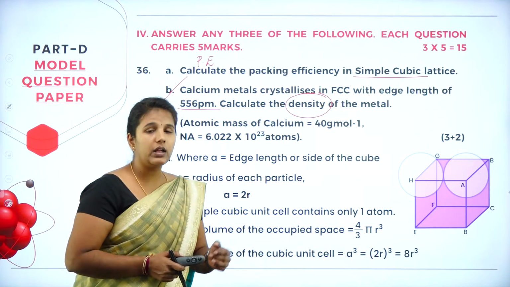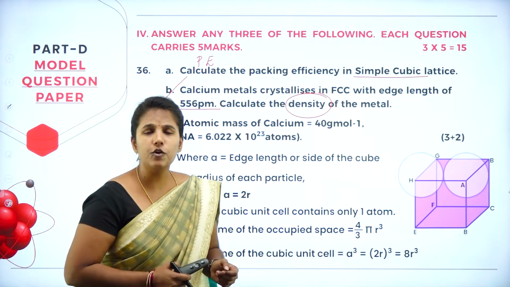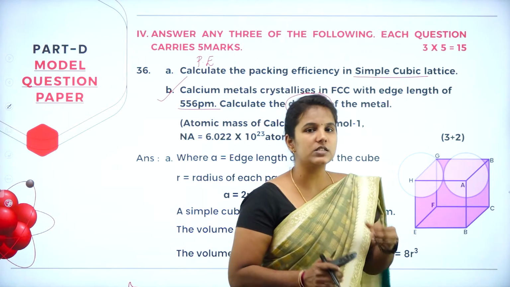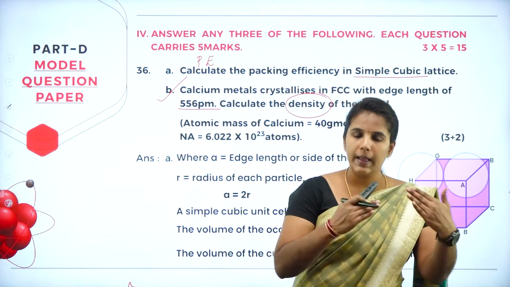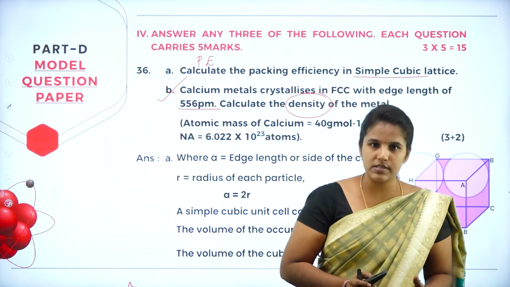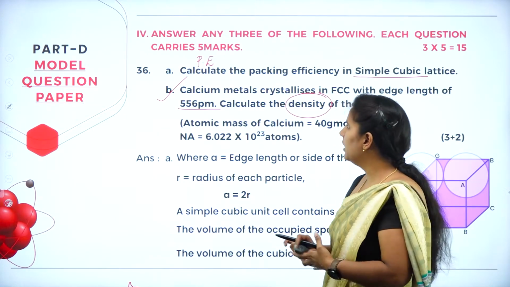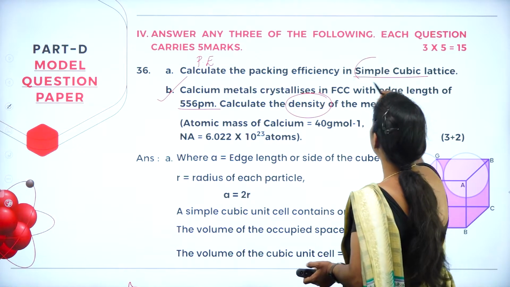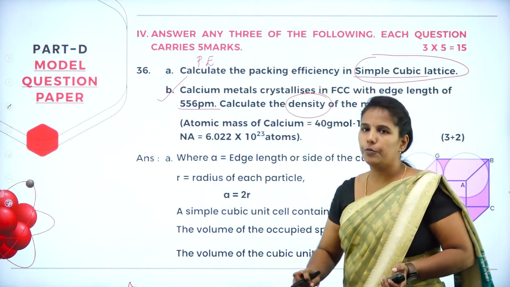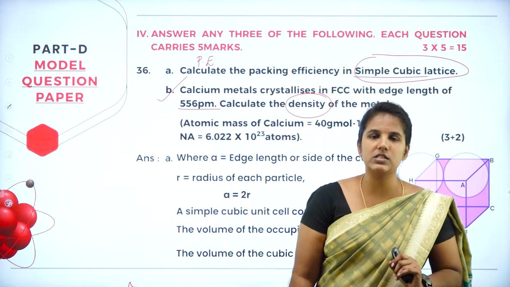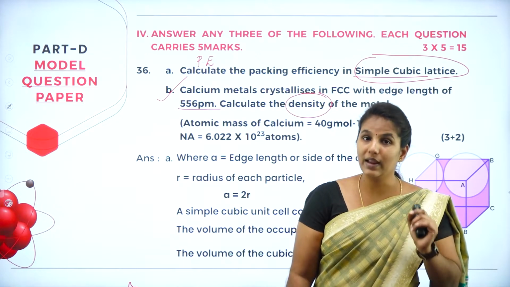When I come to the 4th main in Part D, always this packing efficiency question will come from the simple cube or from the BCC or from the FCC. Here this time they have asked for the simple cubic lattice, so you need to write the packing efficiency of the simple cubic lattice.